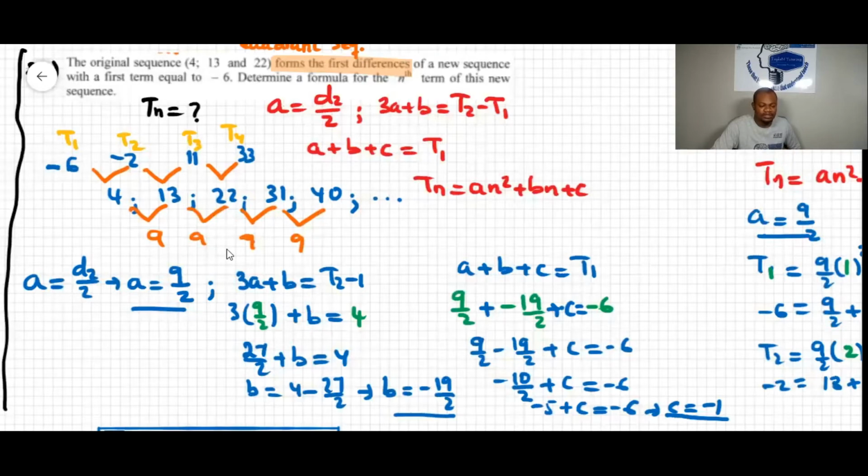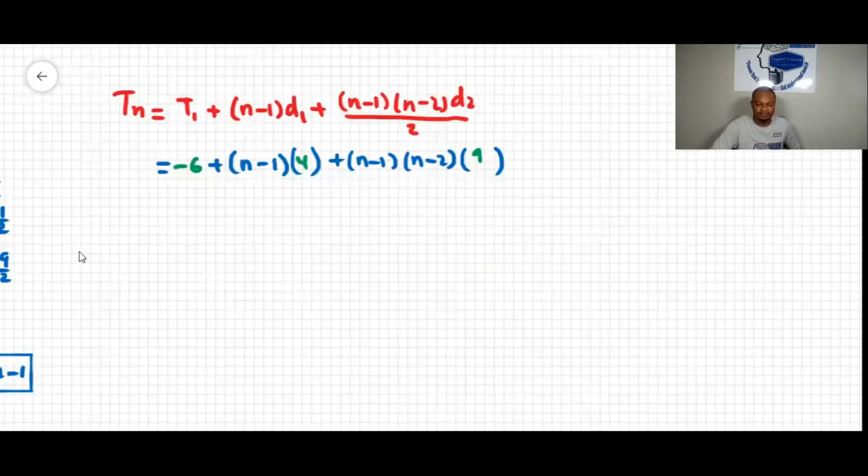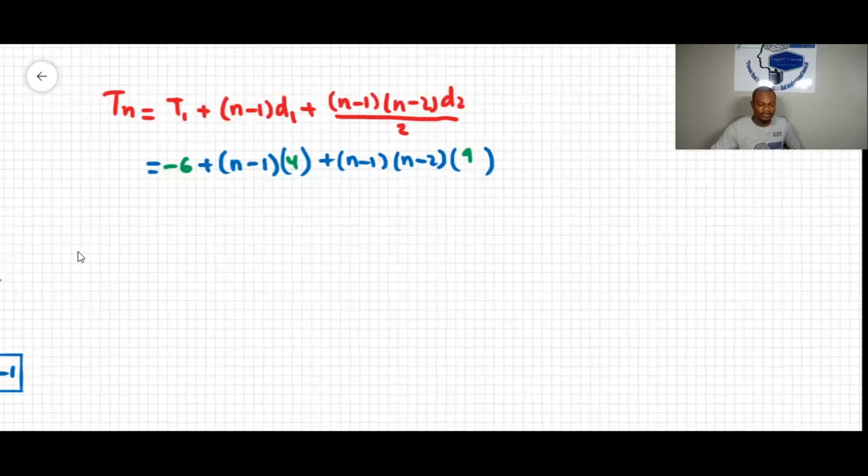D2 is 9, so times 9, and only this part is over 2.